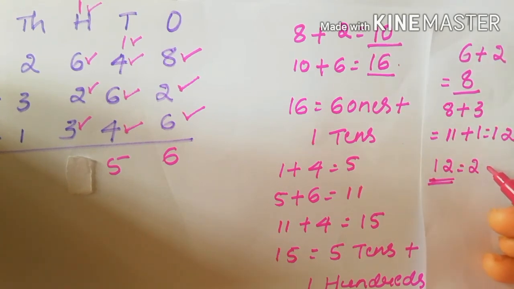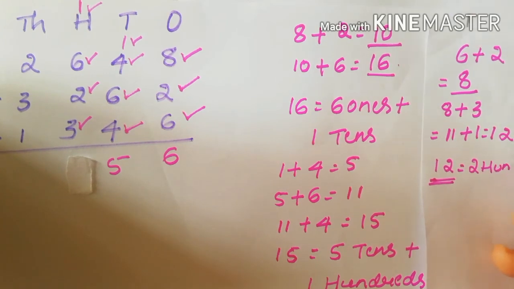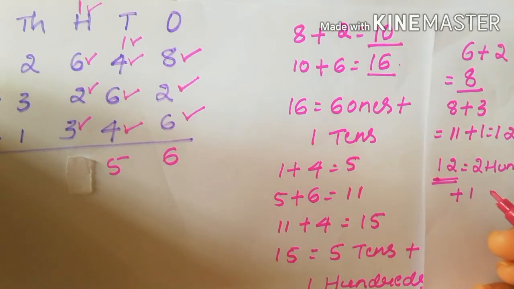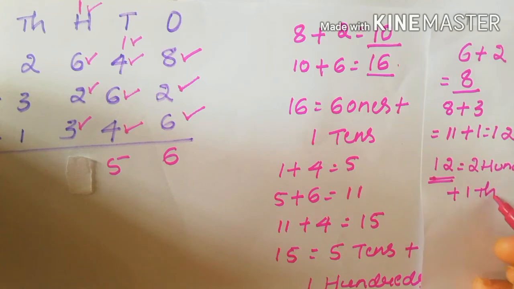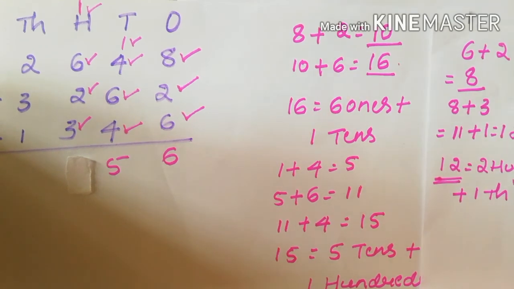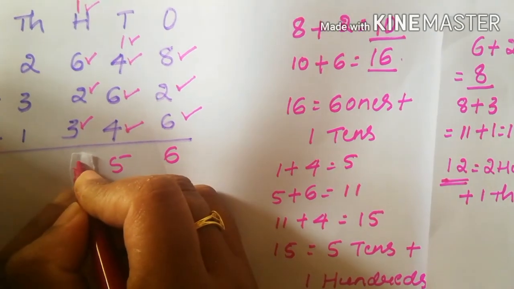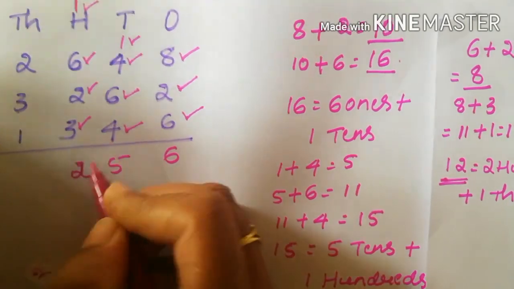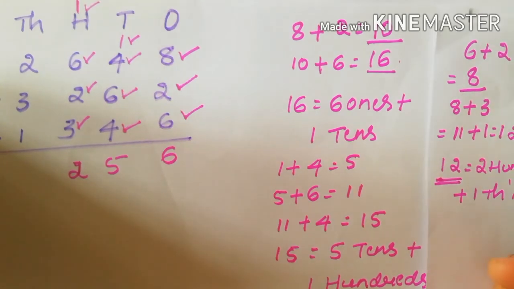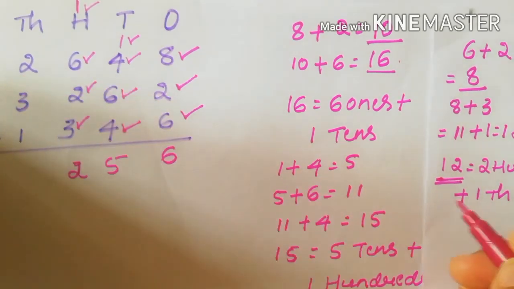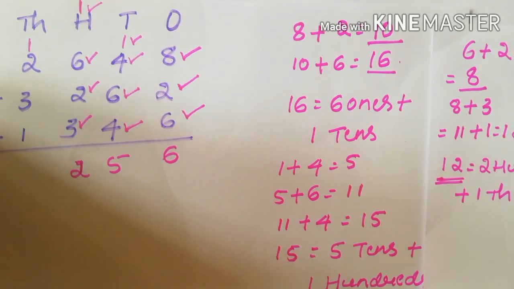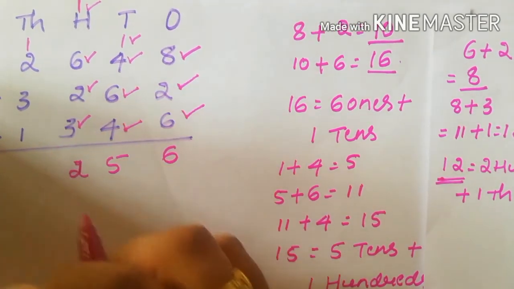Regrouping 2 hundreds plus 1 thousand. Okay, now writing 2 in the hundreds place and carrying 1 to the thousands place. After that we have to add the digits in the thousands place.